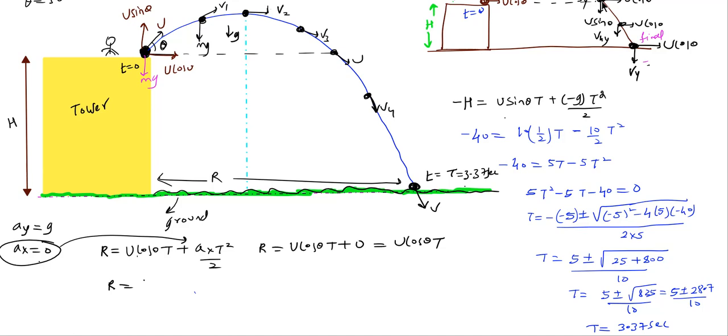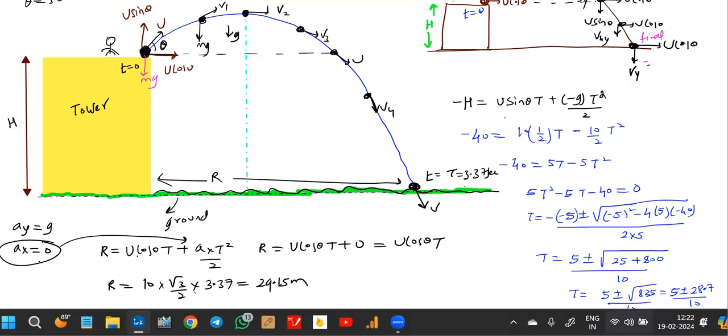Substituting all the values, u is how much? 10 cos 30, root 3 by 2, into 3.37, into 1.73, 29.15 meter. So it will strike at a distance of 29.15 meter.